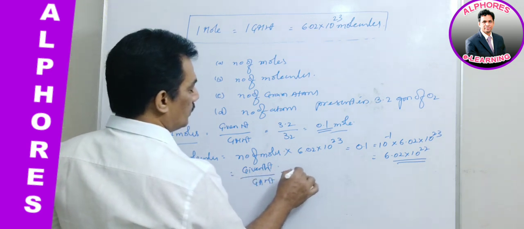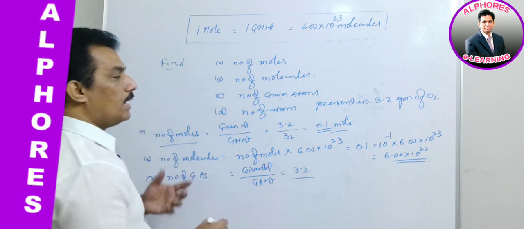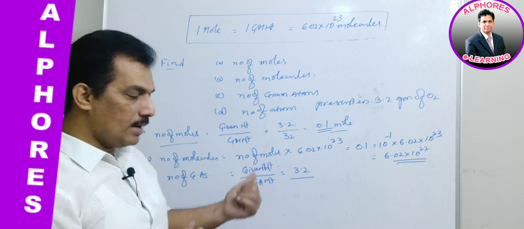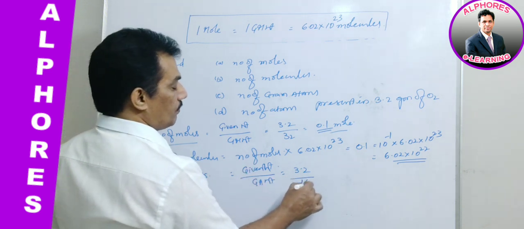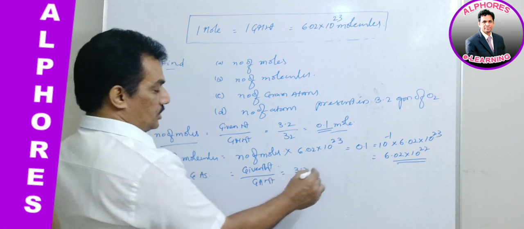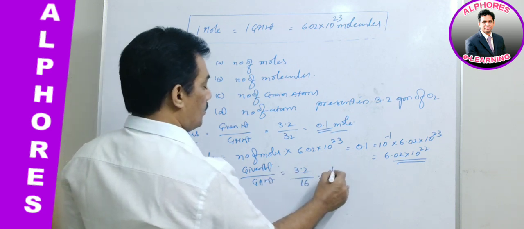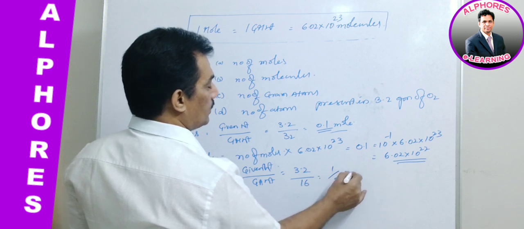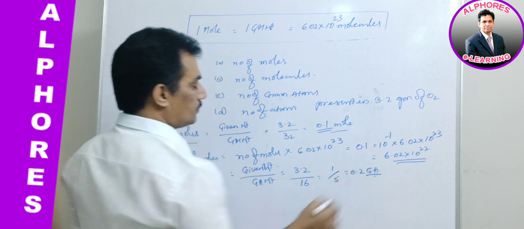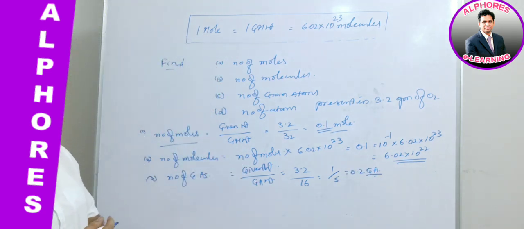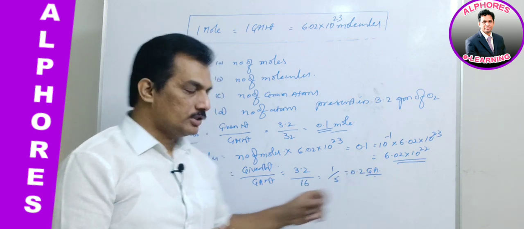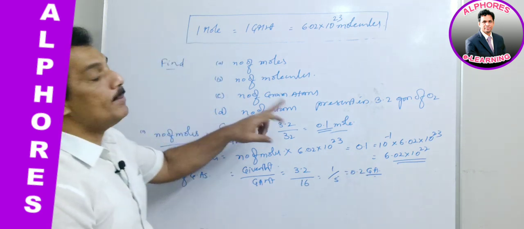That is equal to 3.2 by, what is the gram atomic weight of oxygen? Molecular weight is 32, but gram atomic weight is 16. So 3.2 by 16 is nothing but 1 by 5, nothing but 0.2 gram atoms. Is it not? 0.2 gram atoms.